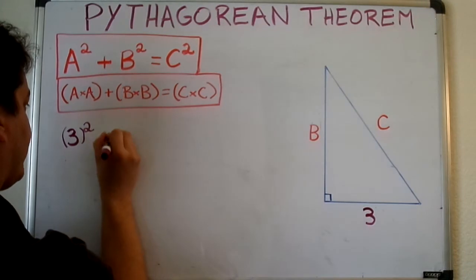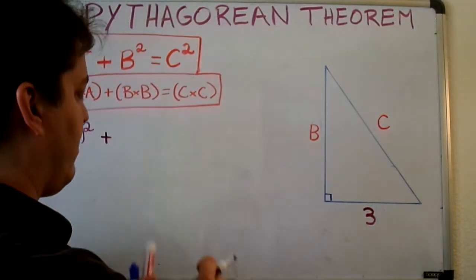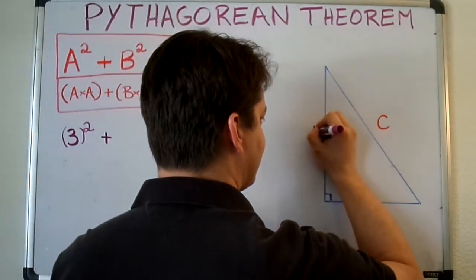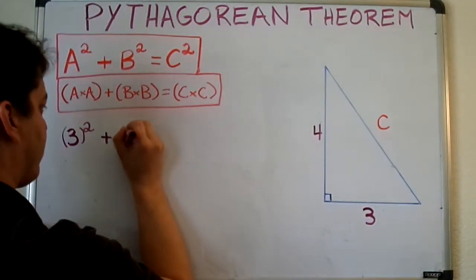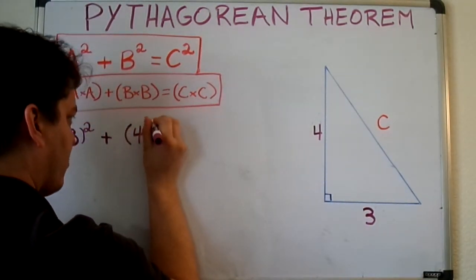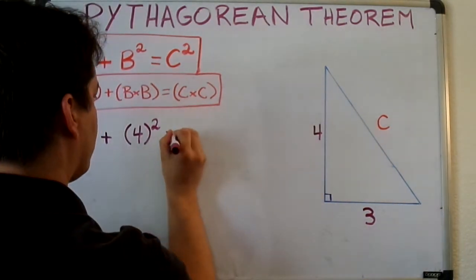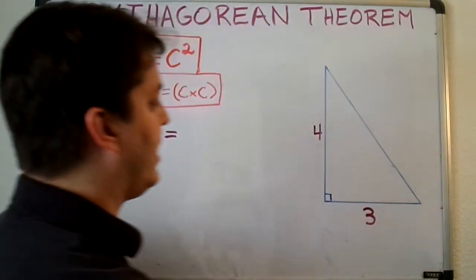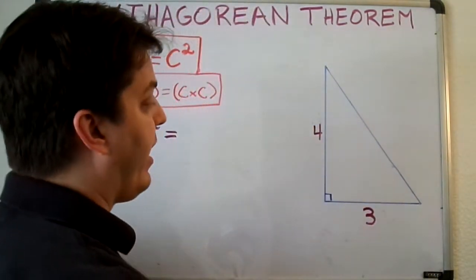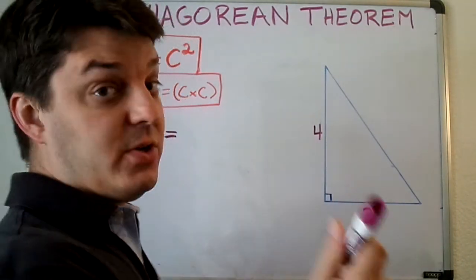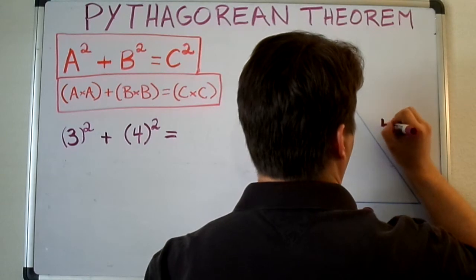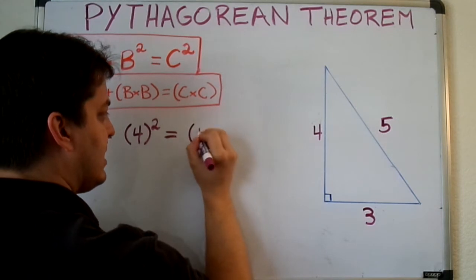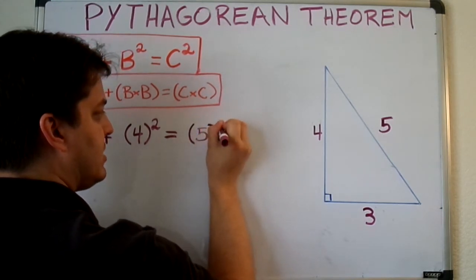Then, we're going to make a plus. Then instead of B, we're going to have 4, 4 squared, equals, now I'm going to show y'all how this is going to be equal to 5. Normally, once we've learned this, I'd give you 2 side lengths and ask you to figure out the third. But in this case, we'll jump the gun a little bit and see how this equation works.